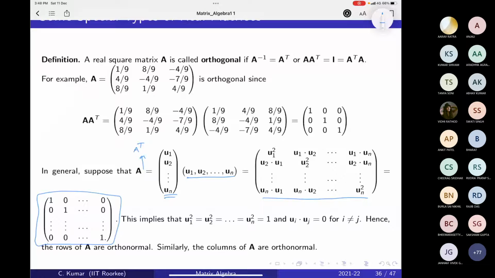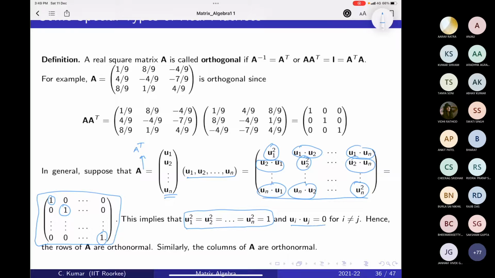So if you start comparing component-wise, all the diagonal elements are 1. So here, these are the diagonal elements. So you can say that U1 square, U2 square, so on to Un square, all of them are 1. And these are off-diagonal elements.